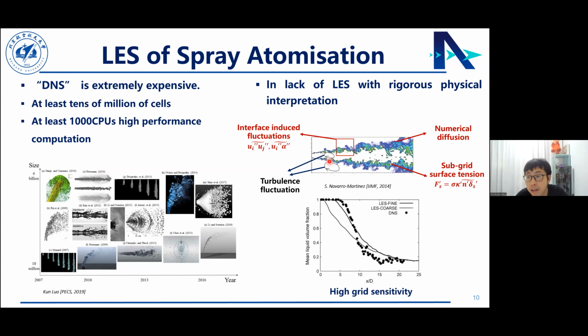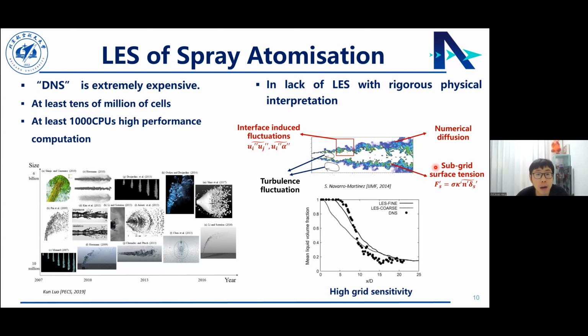And another problem is the numerical diffusion, as I mentioned. And the last one is the subgrid surface tension force. This is a highly nonlinear term. And in the result here in 2014 from Salvador Navarro-Martinez from Imperial College, they show the high grid sensitivity of the LES VOF method.